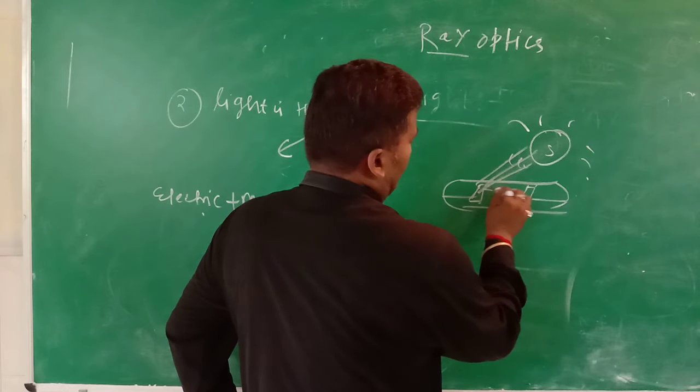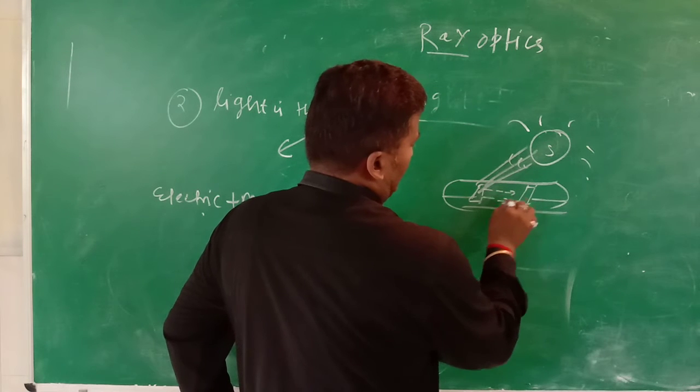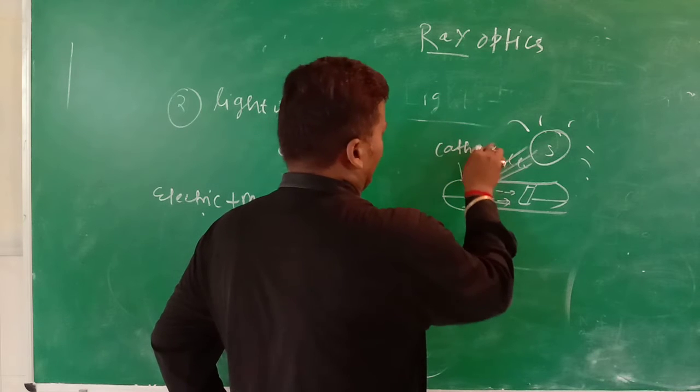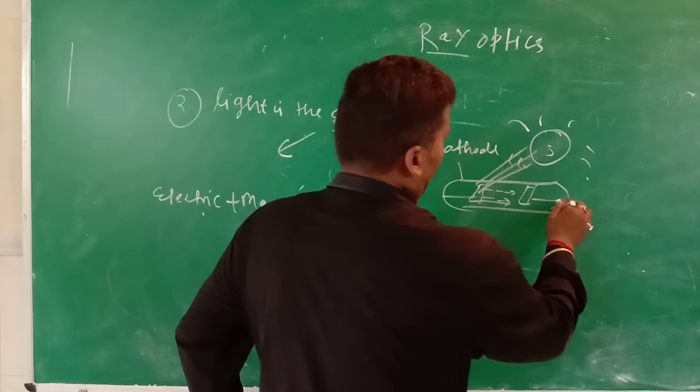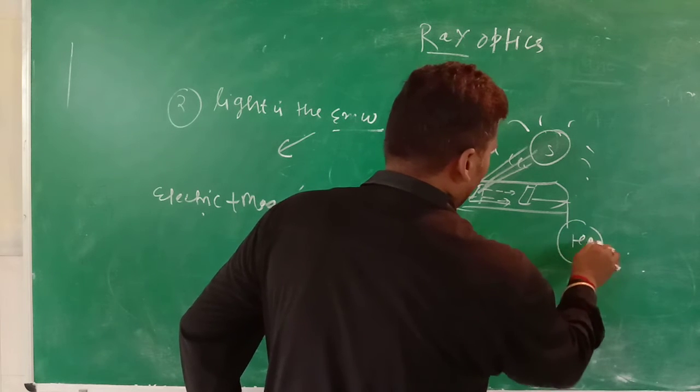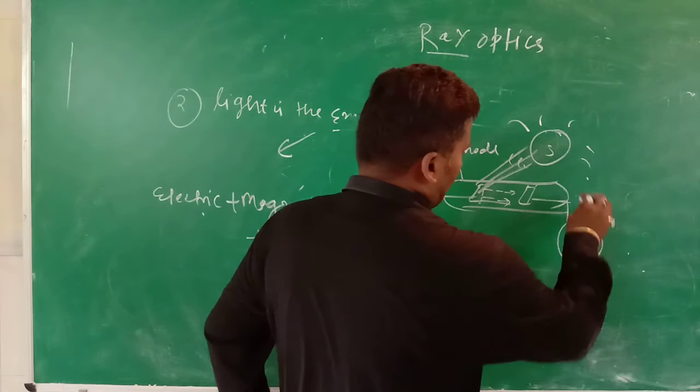When a high intensity ray of light strikes the photosensitive plate, such as the cathode plate, electrons are ejected and collected by another metallic plate, the anode.